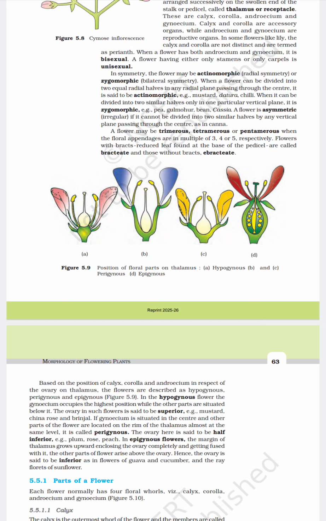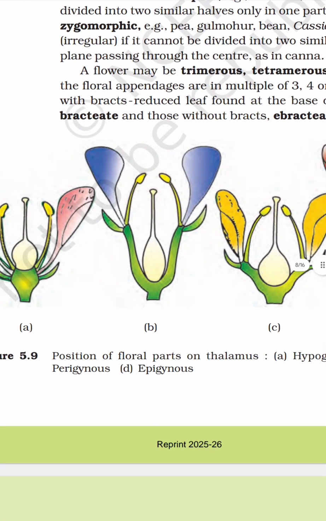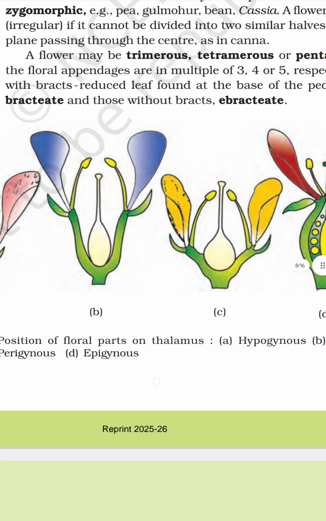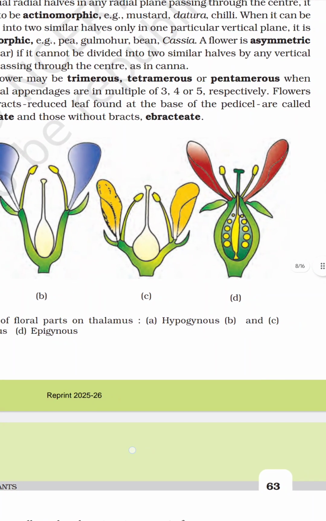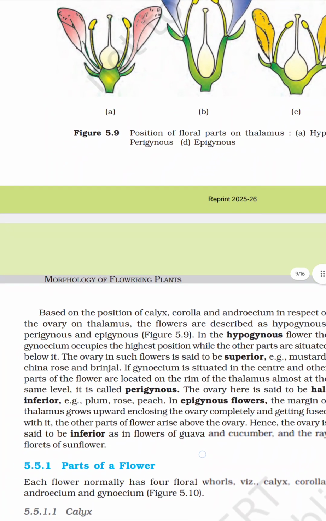If the gynoecium is in the center and the other parts are located on the rim of the thalamus, it is known as perigynous. In the perigynous, the ovary will be half superior and half inferior.